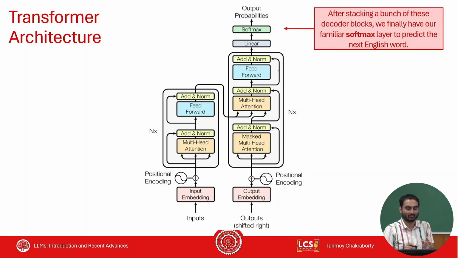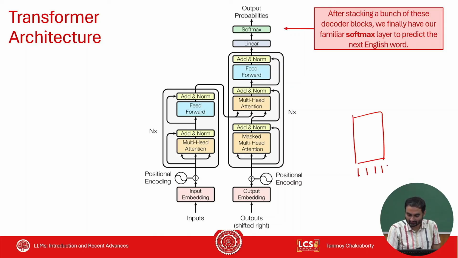Remember, the transformer will process all these sequences in parallel. During training, you already know the translated version of the input, right? So let's say this is the last block of the decoder.